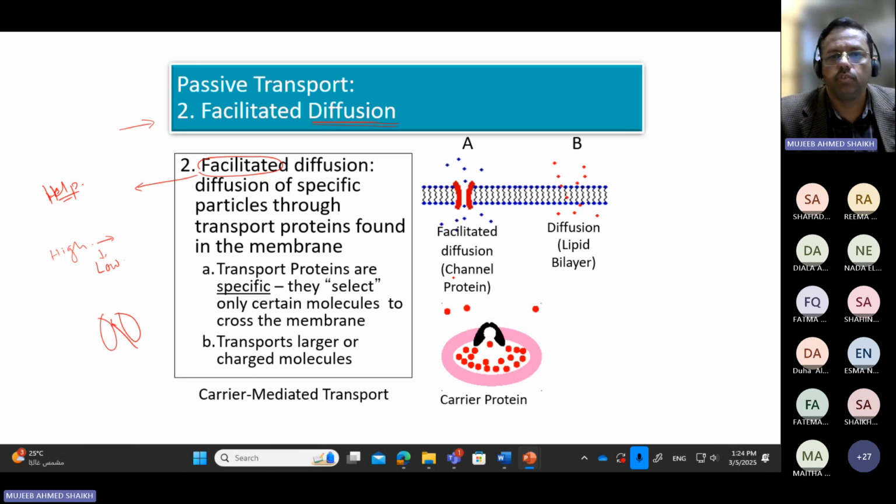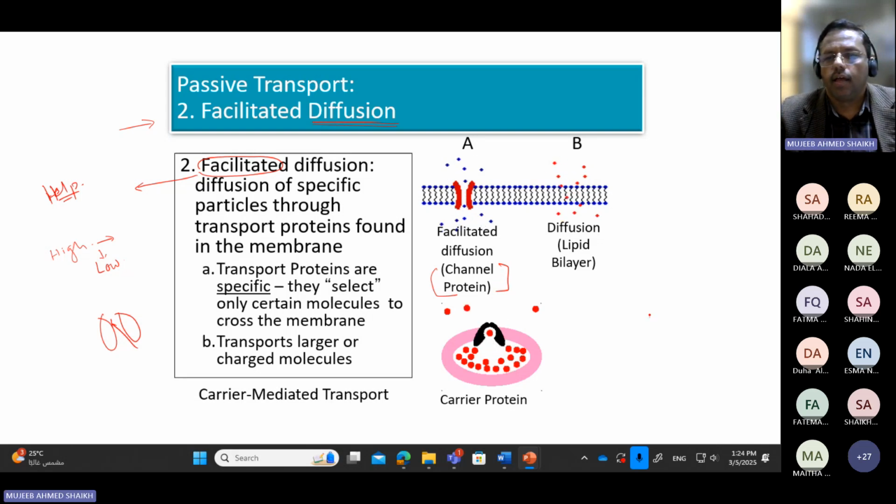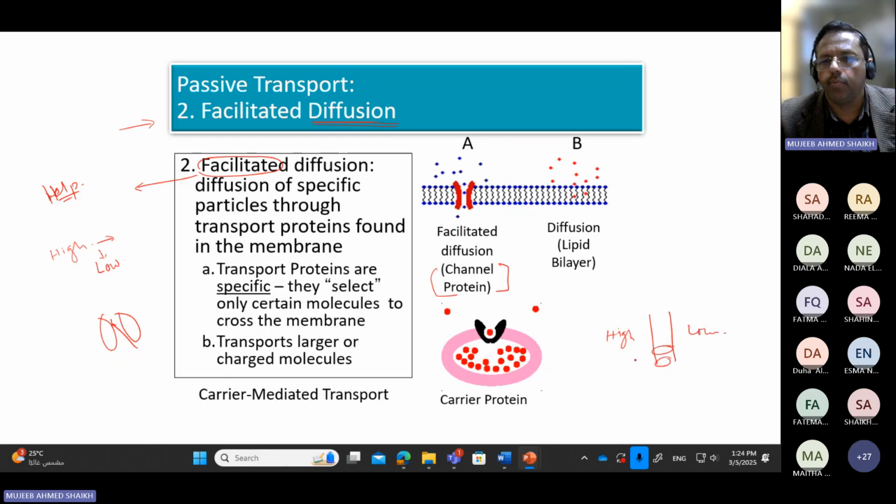So facilitated diffusion occurs due to protein channels like the sodium channel, the potassium channel, the chloride channel. These are the channels which help them only for transportation. If it is high here and low here, these channels will help them to move from higher to lower concentration.